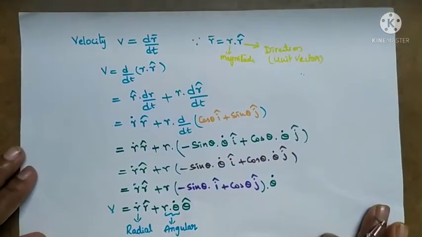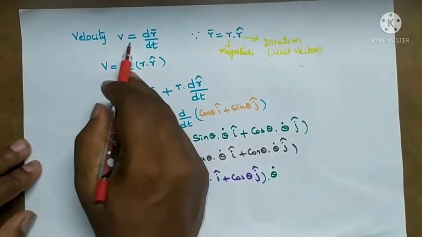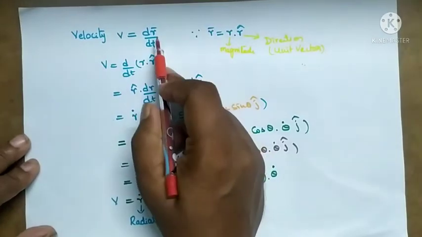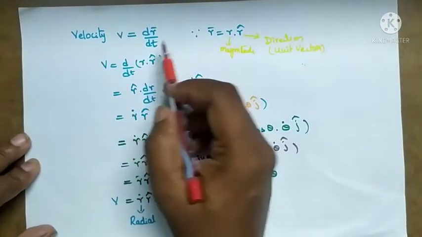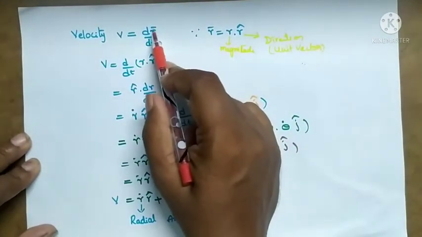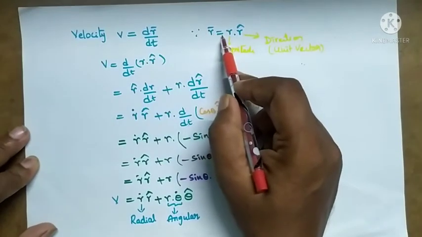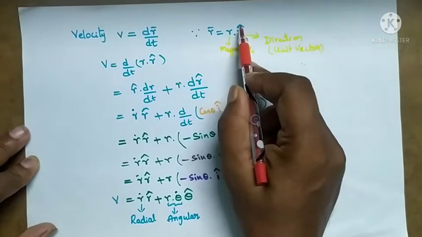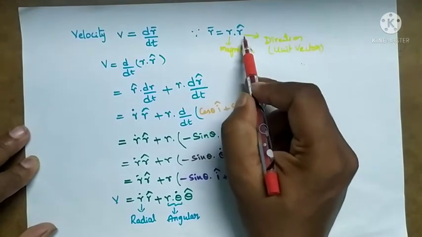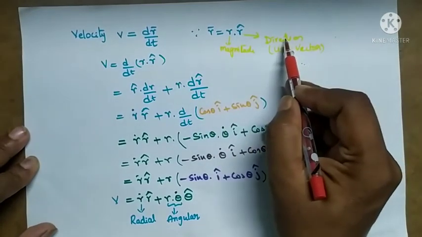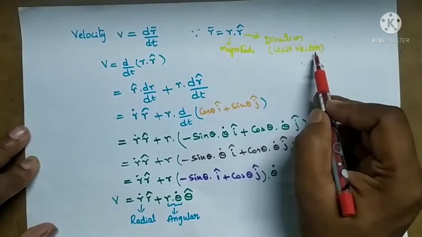And the velocity of the particle. So the velocity of the particle is equal to dr by dt. And this r bar is the position vector, and that position vector can be written as r into r cap. So r is the magnitude of that vector and r cap indicates the direction, that is called the unit vector.